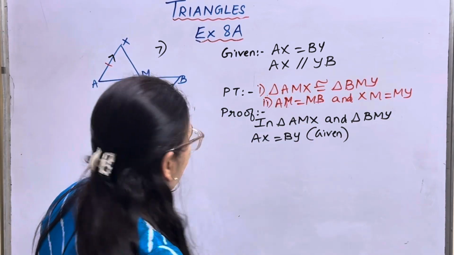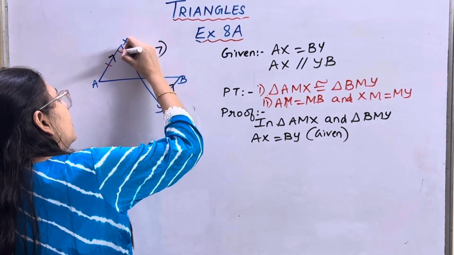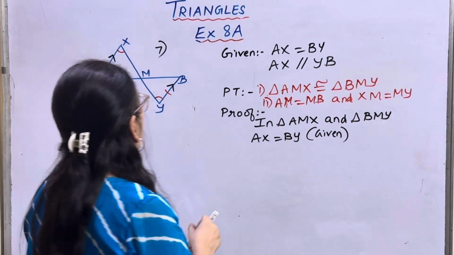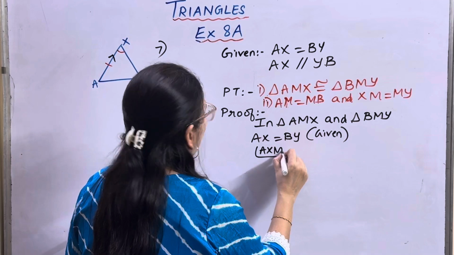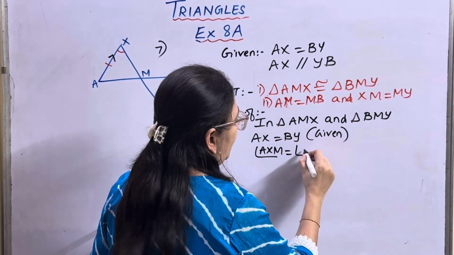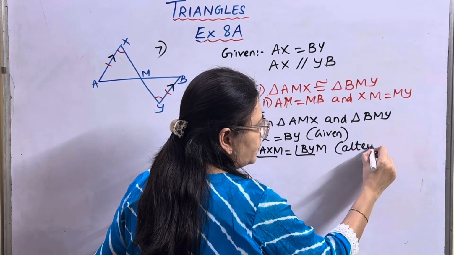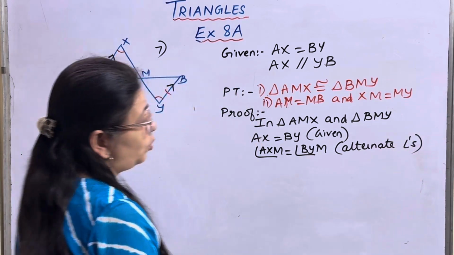If they are parallel lines, it means that this angle is equal to this angle, alternate angles, right? So we write angle AXM is equal to angle BYM, alternate angles. Okay, two conditions are done.